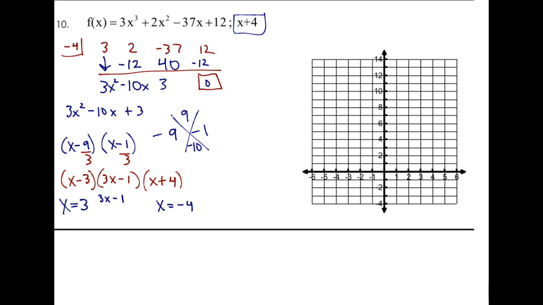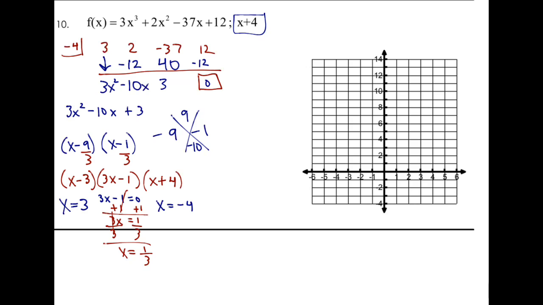I know that that's going to be a +1/3, but you'll see. +1 plus 1, that cancels, leaving 3x is equal to 1. Divide by 3, divide by 3, cancels, x is equal to 1/3. So now we have points that we can plot.